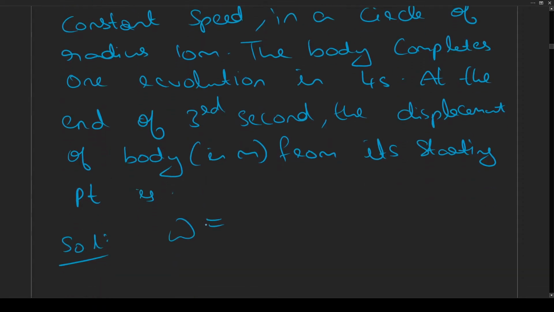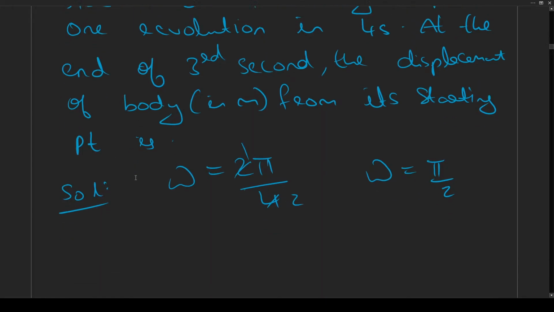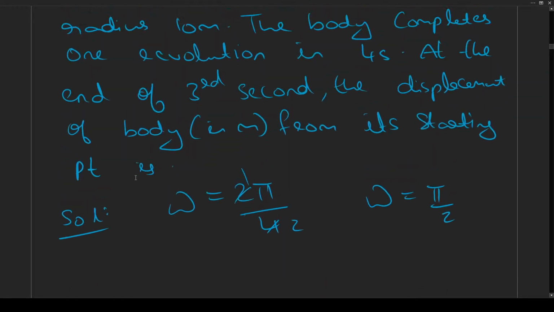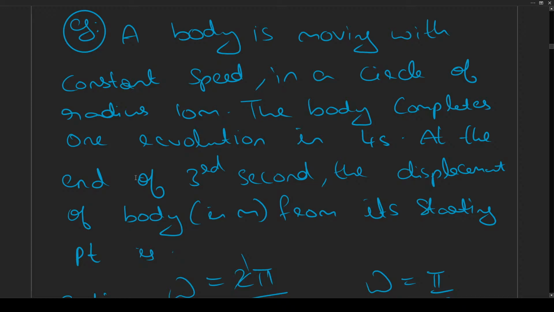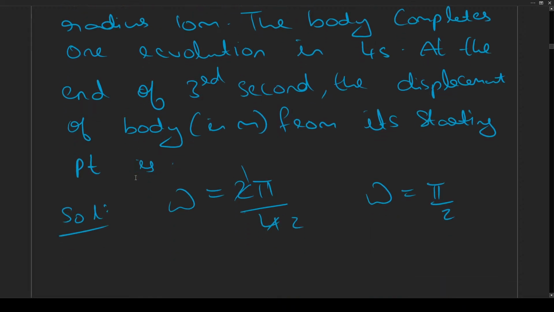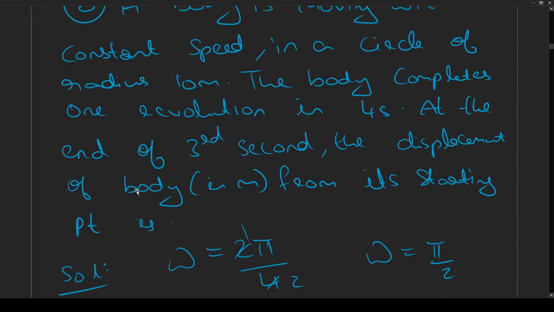So omega, the angular velocity, is equal to 2 pi by 4, which is pi by 2. We do not need to consider radius in case of angular velocity.